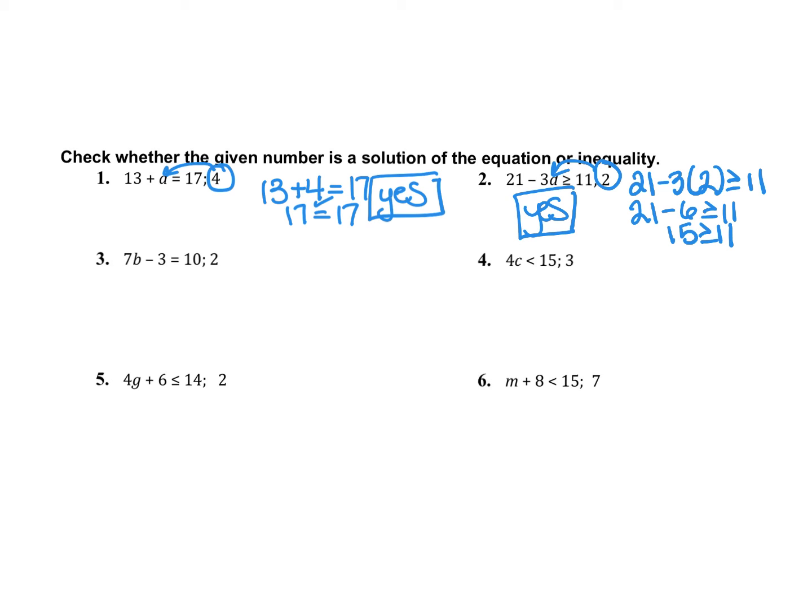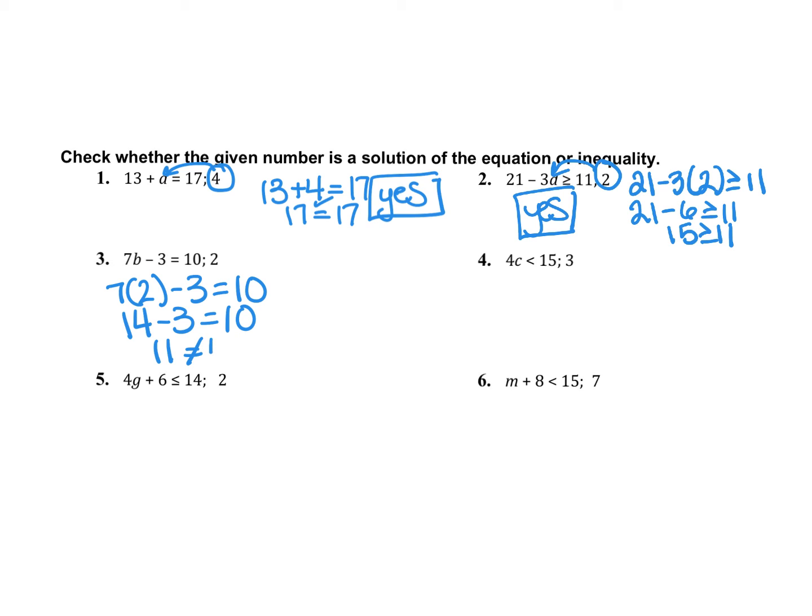All right, so now let's take a look at number 3. We have 7b minus 3 is equal to 10, and is 2 a solution? So 7 times 2 minus 3 equal to 10. All right, so 14 minus 3, and 14 minus 3 is equal to 11.